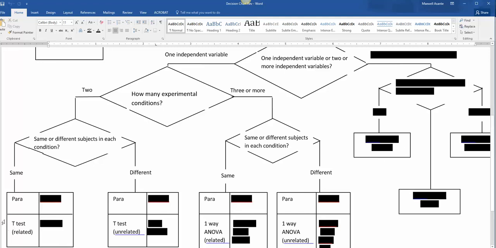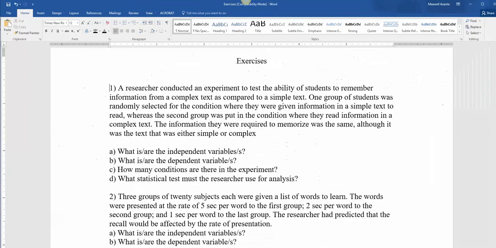So if we go back to the question that we were given to consider, the question says, what is or are the independent variable or variables in this experiment? And really, actually, this is tautological. So let's take out this.